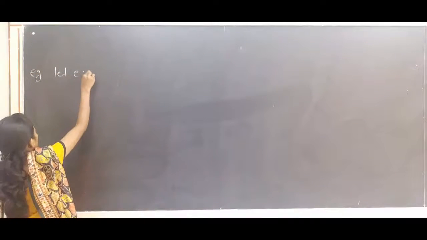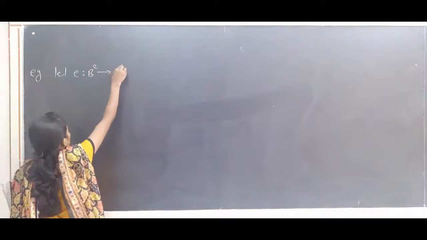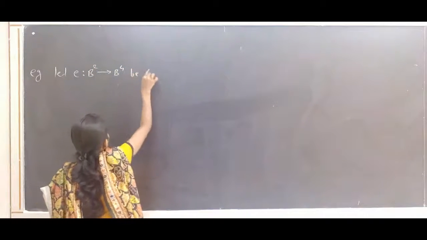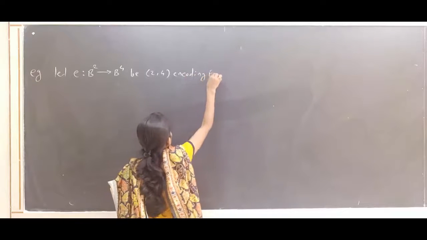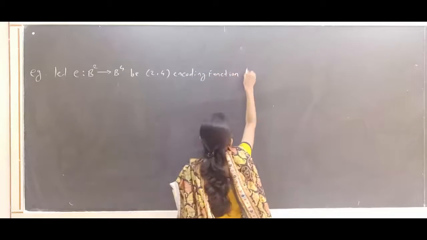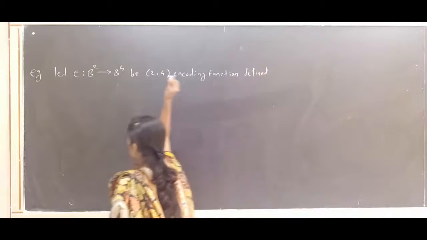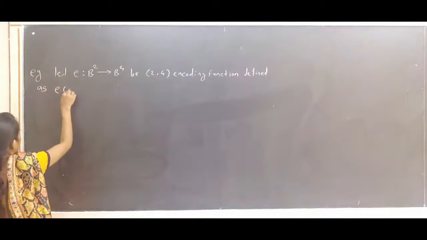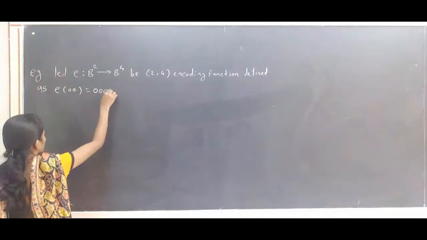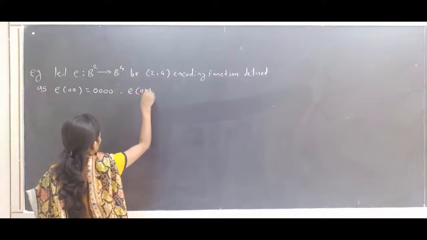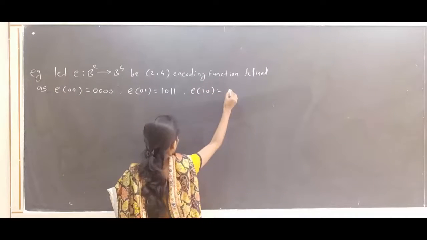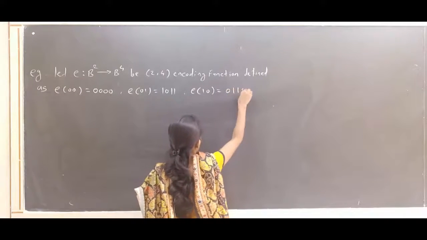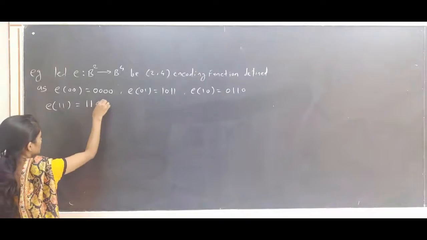Let e from B² to B⁴ be a (2,4) encoding function defined as e(00) = 0000, e(01) = 1011, e(10) = 0110, and last one, e(11) = 1101.